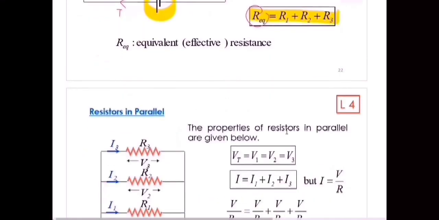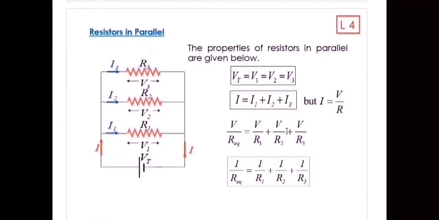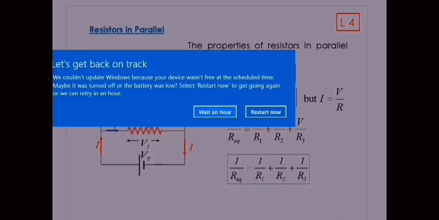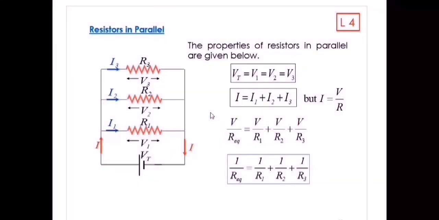However, if they are connected in parallel, it would be a different case, because now the current is flowing through here and the current has to be split. The current splits into 3: 1, 2, and 3.